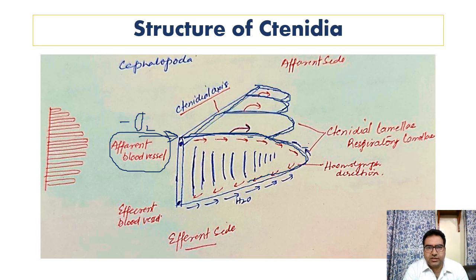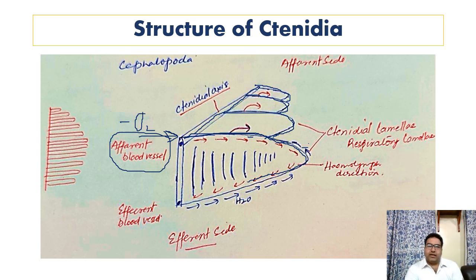After oxygenation in the filaments it is sent back to the heart through the efferent branchial vein. So what we infer is that the deoxygenated blood comes, goes into the Ctenidia, and then leaves through the efferent blood vessel after oxygenation.